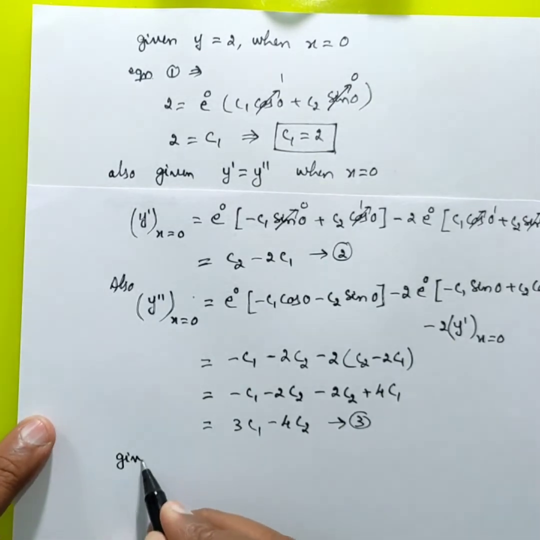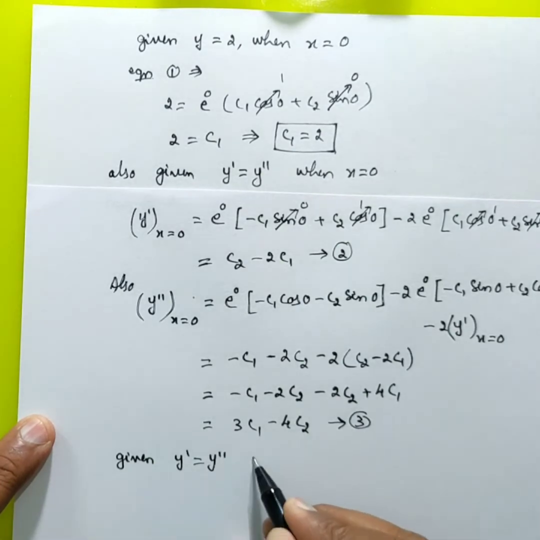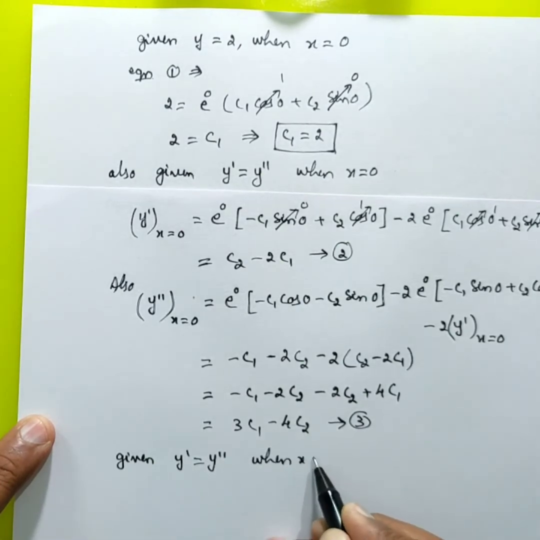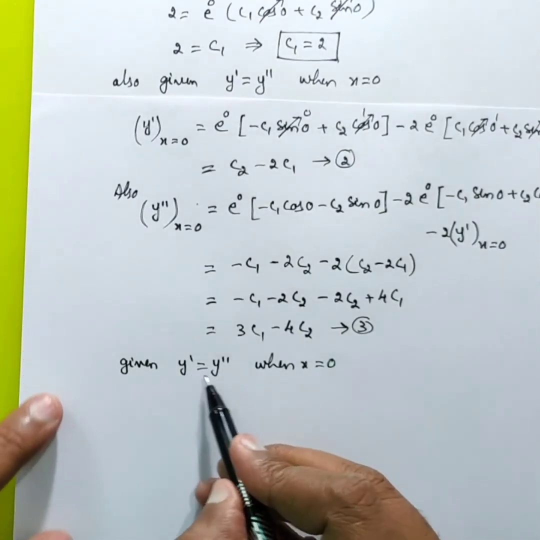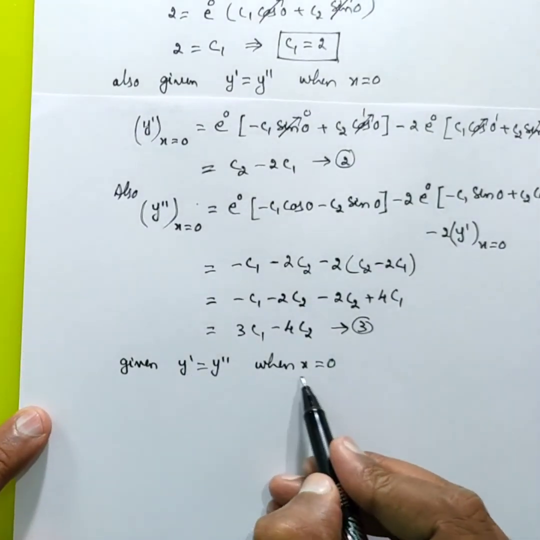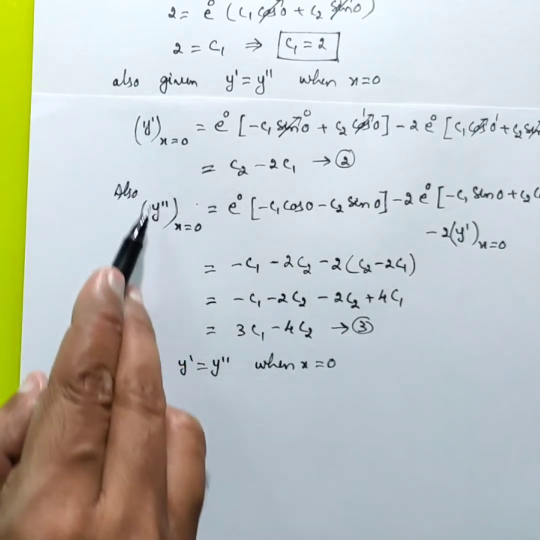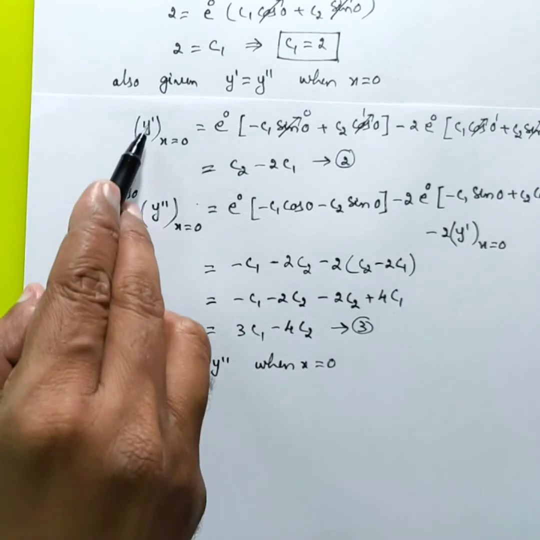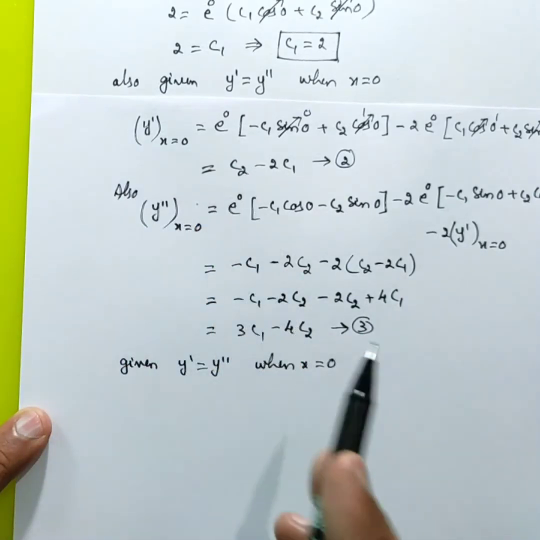It is given that y dash is nothing but y double dash when x is equal to 0, which means the left hand side values are the same. If the left hand side values are the same, you can equate the right hand side values.